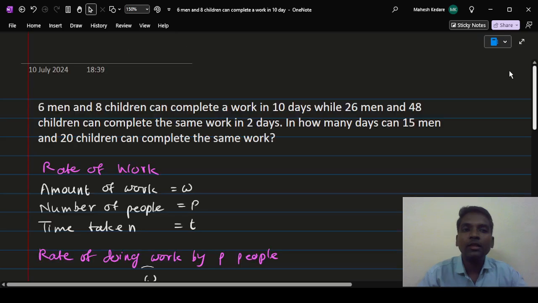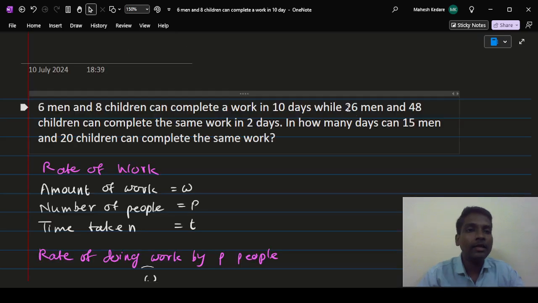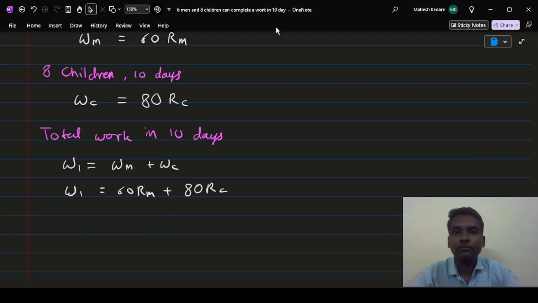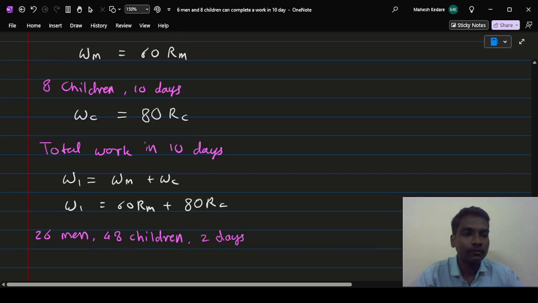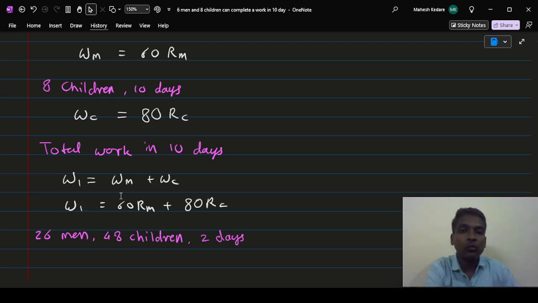The second information in the problem is that when there are 26 men and 48 children, they do the same work in just 2 days. The equation that we just obtained gives us work done by 6 men and 8 children in 10 days.